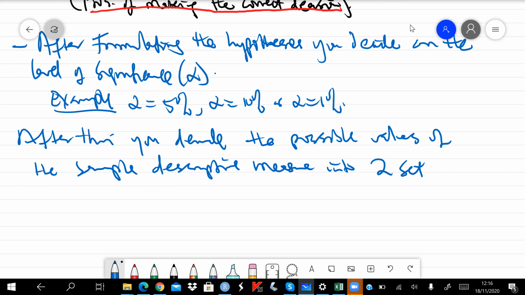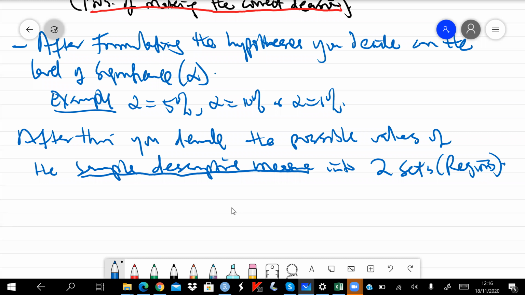Something like X bar. As we saw, there are different possible values of X bar if you are to choose all the possible samples. So you divide all those different possible values into two sets or regions.